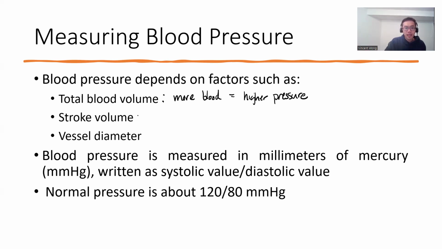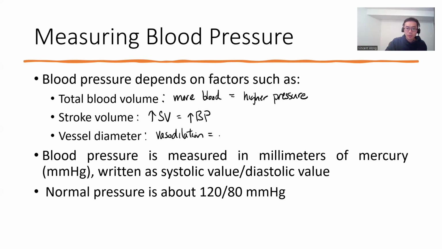Stroke volume, that's basically how strong your heart contracts. Okay. The stronger it contracts, the higher the blood pressure. Vessel diameter. Okay, so we can have vasodilation. Vasodilation means the blood vessel gets bigger.